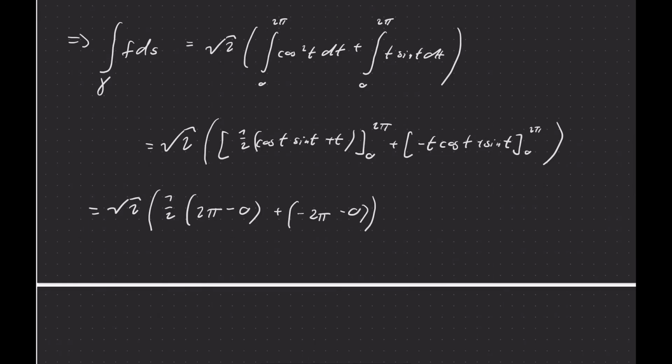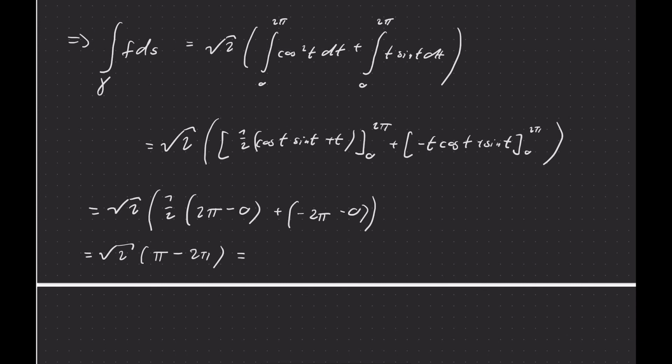So all in all, what we have is the square root of 2 times 1 over 2 times 2 pi minus 2 pi. So this is pi minus 2 pi.